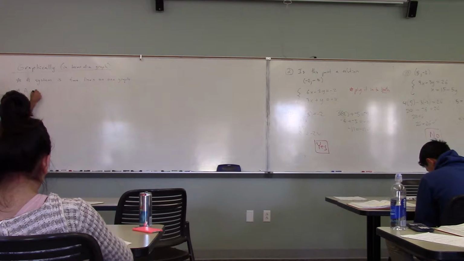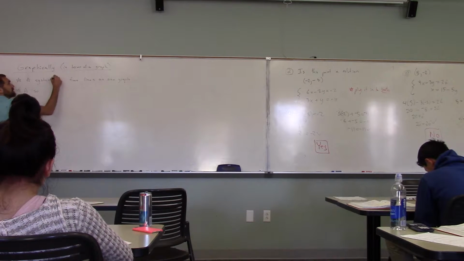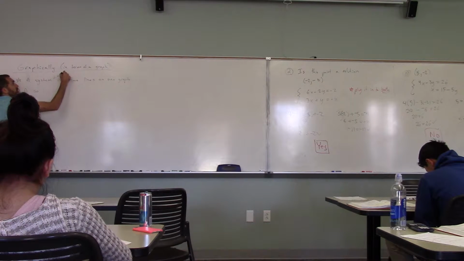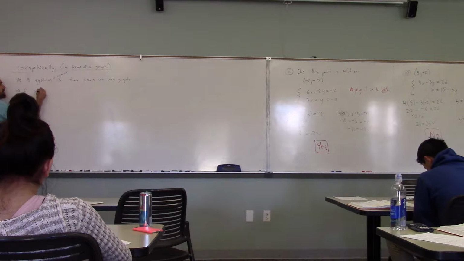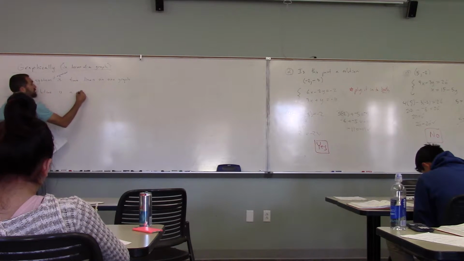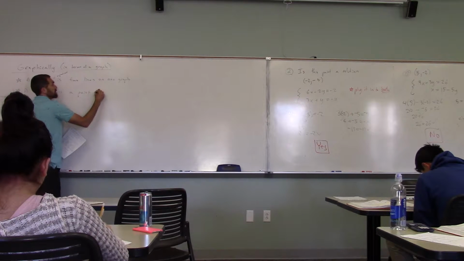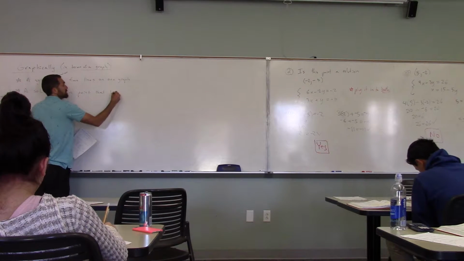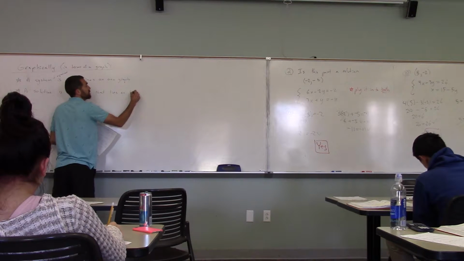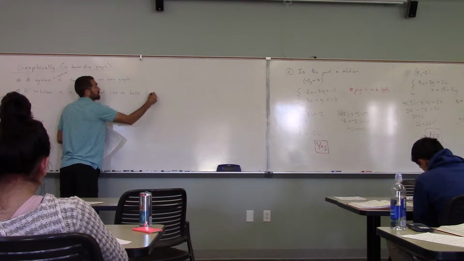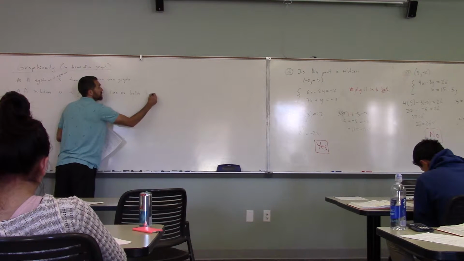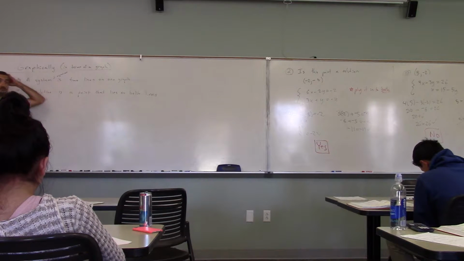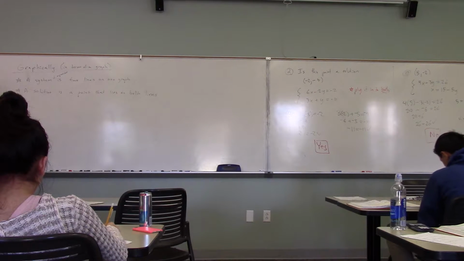A solution, and when I say system, I mean a system of equations, is a point that lies on both lines. Usually there's only one point. Sometimes there's more or less. So we'll just say it's a point.